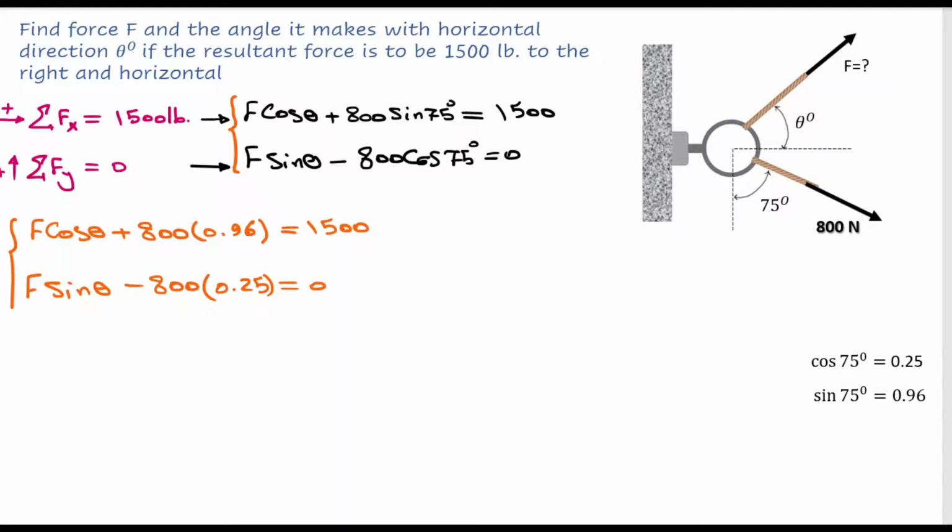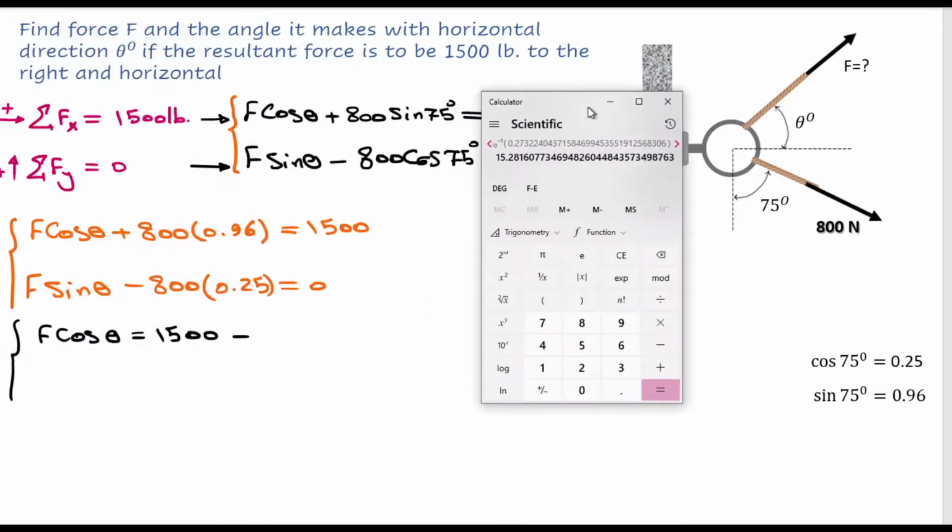Okay, let's isolate for F cosine theta in the first one. So again, I rewrite them in equation number 1. F cosine theta equals to 1,500 minus, if I take this to the other side, we change the sign, 800 times 0.96. That gives me 768.